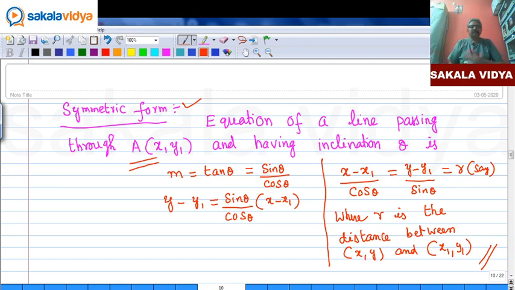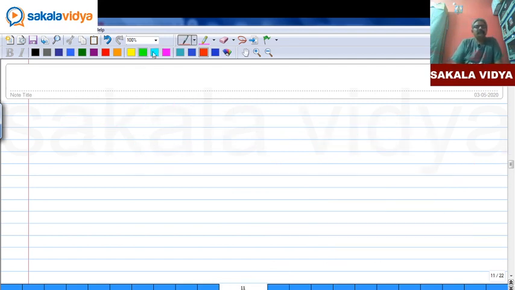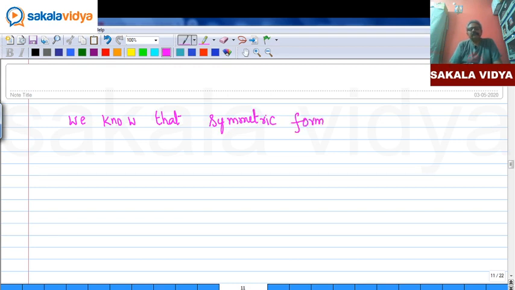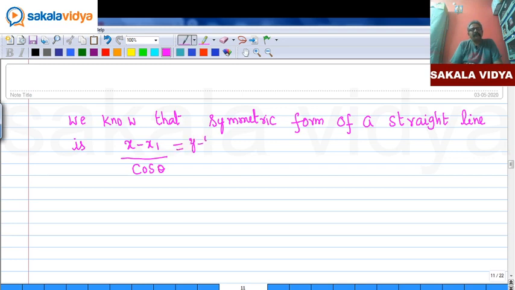Okay, next. So, we know that the symmetric form of a straight line is (x minus x1) by cos theta equals (y minus y1) by sin theta. Okay.